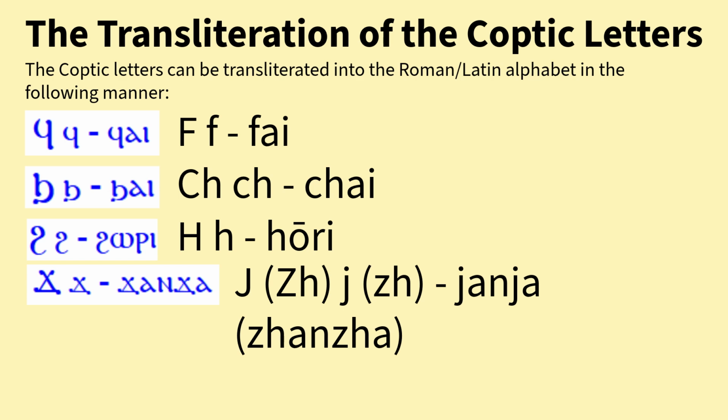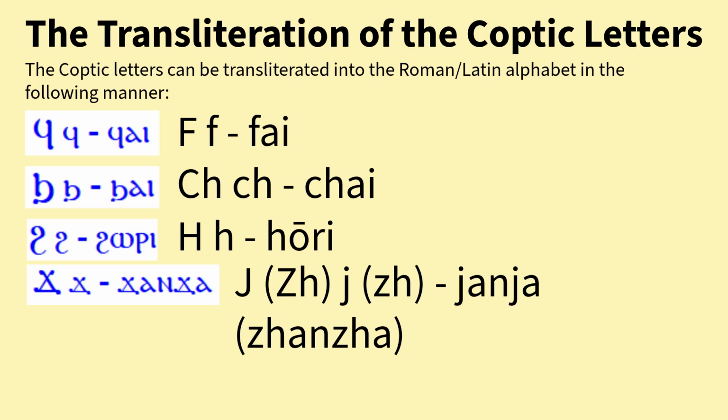We then have the Coptic letter, and this is personally my favorite letter, the Coptic letter janja. This could be transliterated as a J or a ZH. And that's because it's not j as in our English word jam, it's j as in the French word je, or the sound in the English word measure, and it's therefore janja.